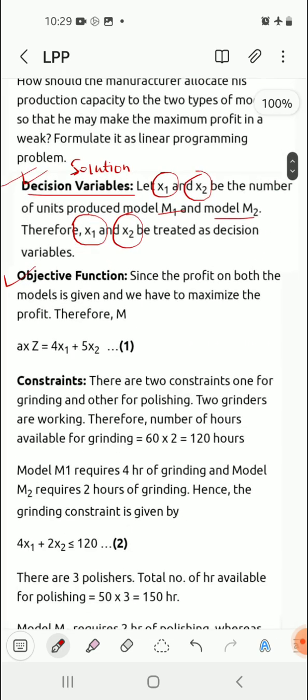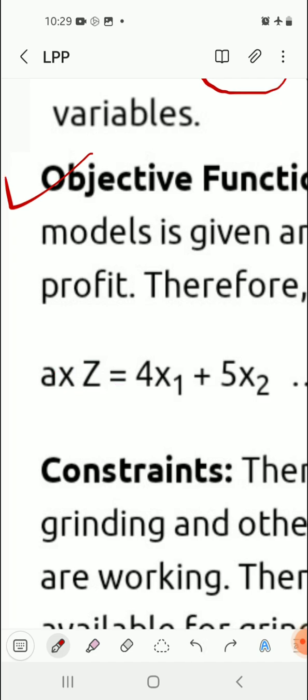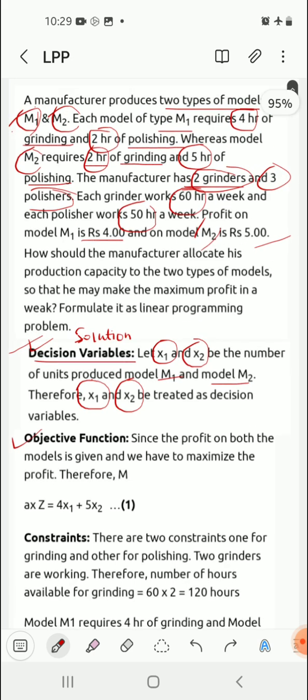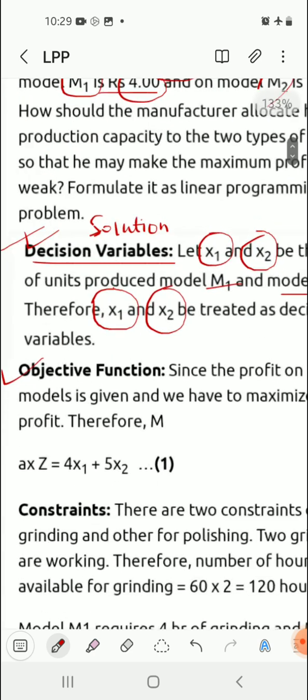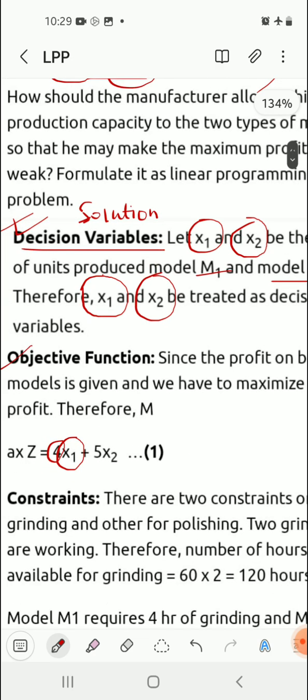That is why my objective function here, we will take it as the function of Z. The manufacturer has 4 and 5, that is 4 rupees profit he will make by production of the M1 model. That's why I've written 4 for the M1 model, and M1 is stated as x1 because we had already taken x1 as M1 and x2 as M2.